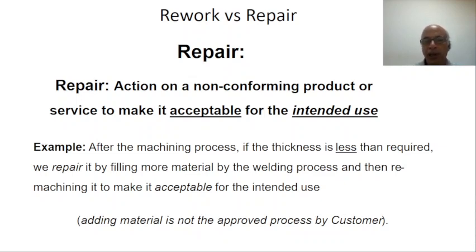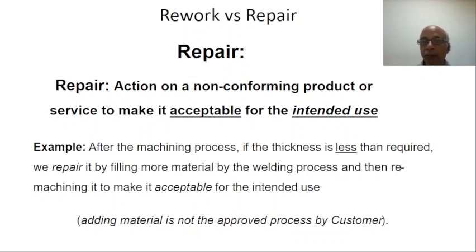So we repair by filling some material with a welding process, then we go for remachining to make it acceptable for the intended use. But dear friends, in this process, an extra process is added, the welding process, which is not as per the process flow diagram.